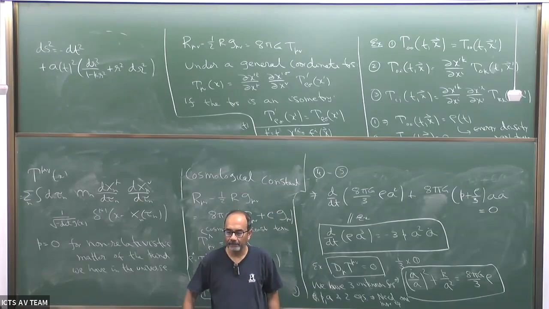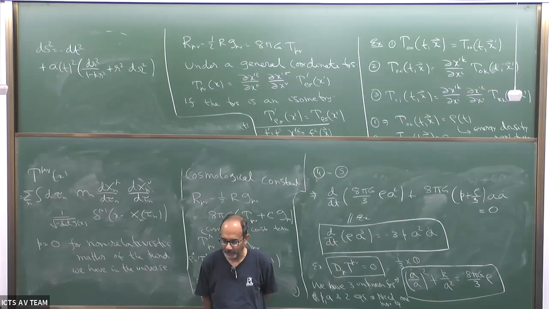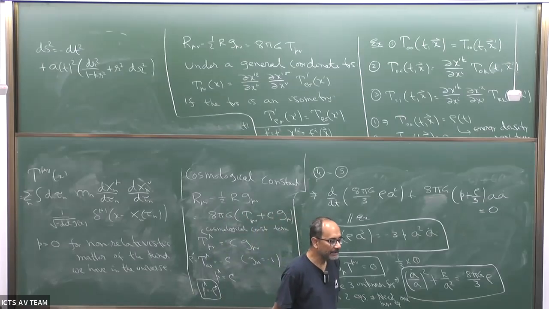So anything about T mu nu that you can say for radiation? Time independent? No, it's not time independent, because as the universe expands the frequency is changing. Homogeneous, yes, of course. That has already gone into this whole equation.